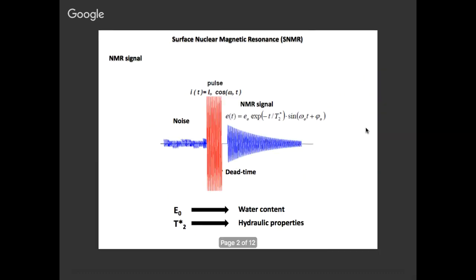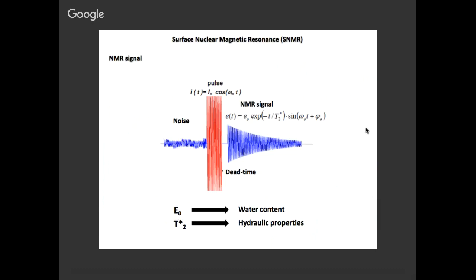So if we look a bit more closely at this signal, you see it's an exponentially decaying sinusoidal form. And we're interested mainly in two parameters: the amplitude, that will give you a direct estimation of the water content, and also the relaxation time of this exponential decay that you will be able to link with the hydraulic properties of the subsurface.